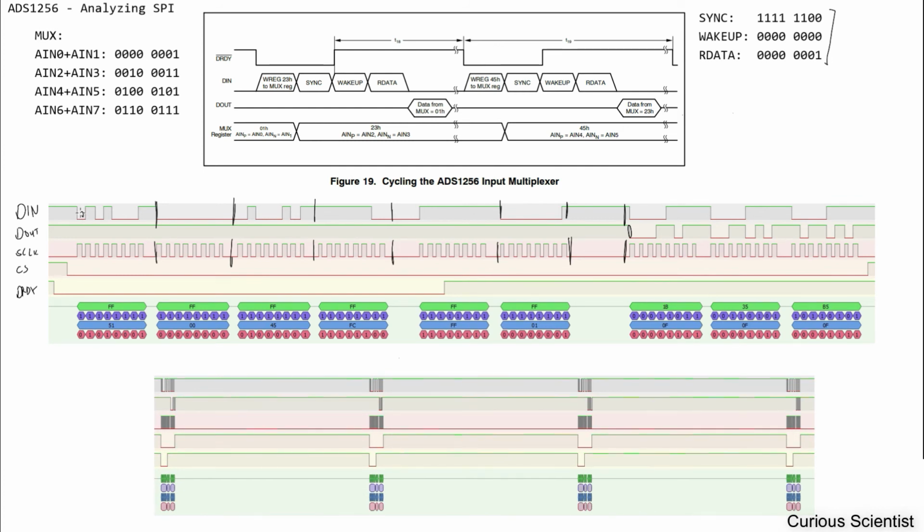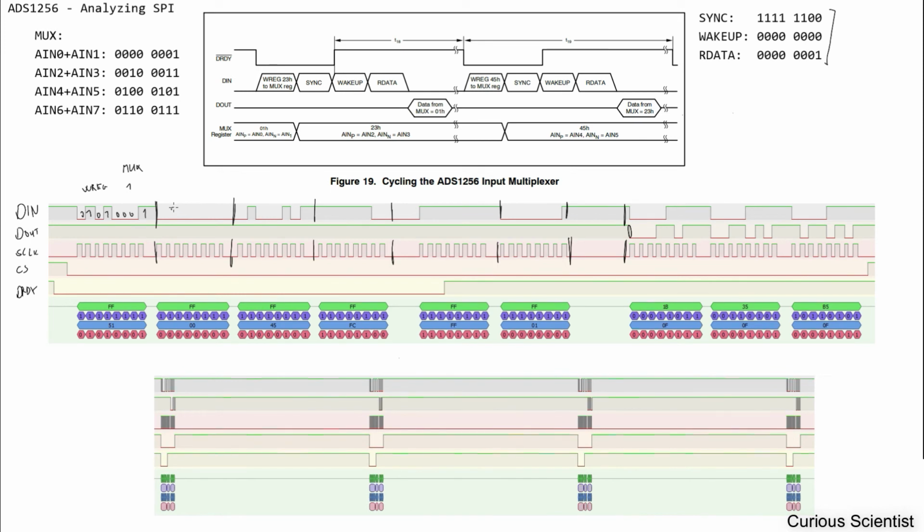So let's see this. So 0101. This is a write register command here, and then we have 0001 here. This tells us to write the first register, or the number 1 register, because the first one is register 0, which is the multiplexer register.